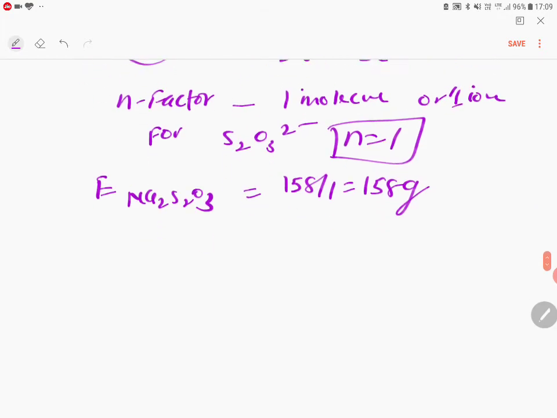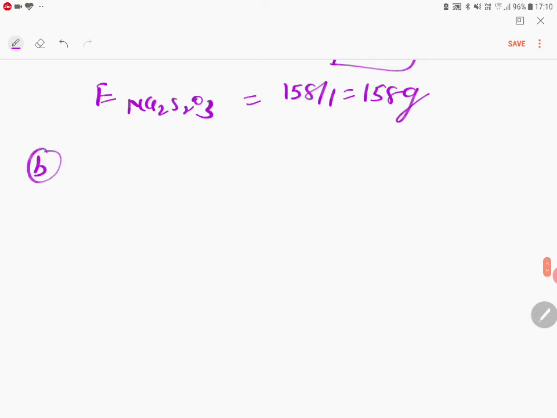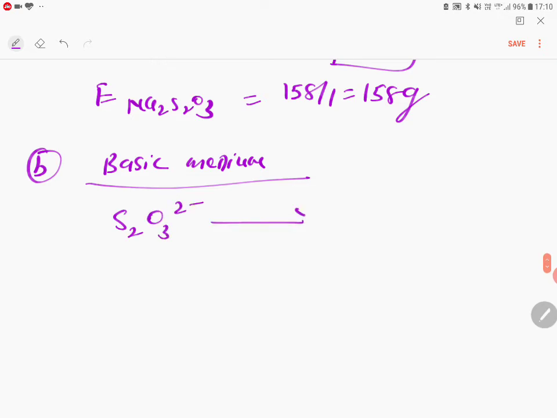Now, in the basic medium, thiosulfate will show its different behavior. In the basic medium, what will happen to thiosulfate? Thiosulfate ion is getting converted to sulfate ion. So now calculate the change in the oxidation state.